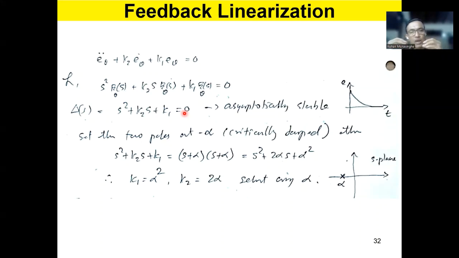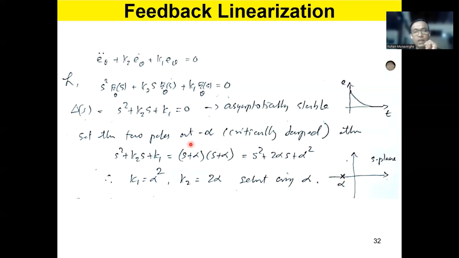Now, this is a second order system, right? Two poles. If you want to have the two poles on top of each other, a critically damped system, on the s plane you have both of these poles on top of each other, so minus alpha, minus alpha.